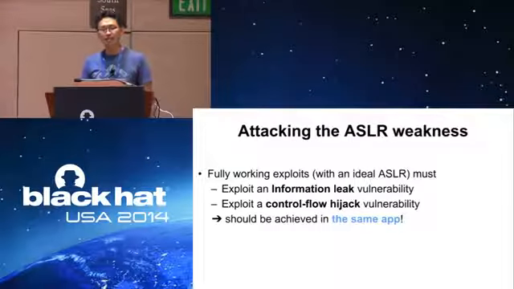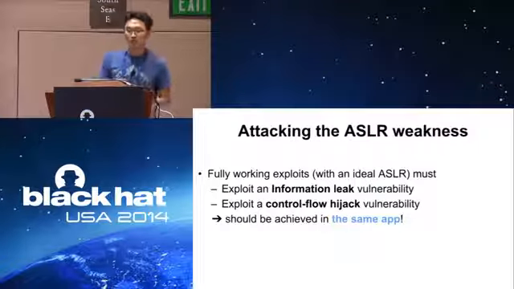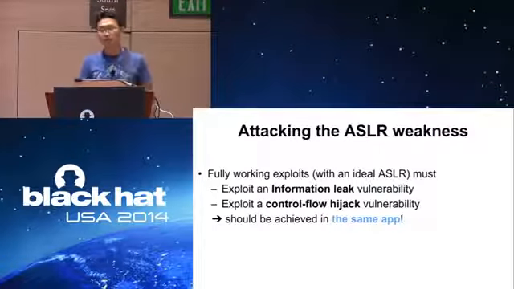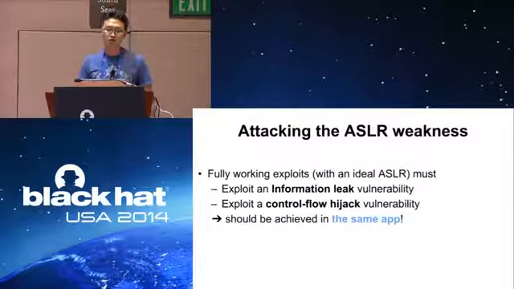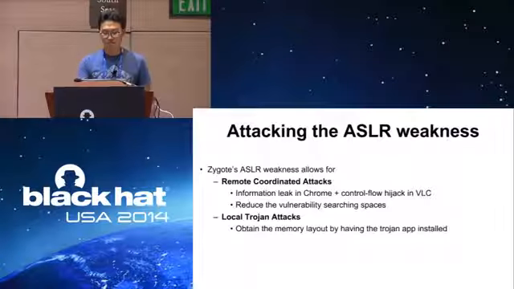Next, given the ASLR information from the information leak, you further exploit a control flow hijack vulnerability like use after free or heap overflow. Ideally, these two attacks should be achieved in the same application. But because address information is shared across different applications, we can do the following.